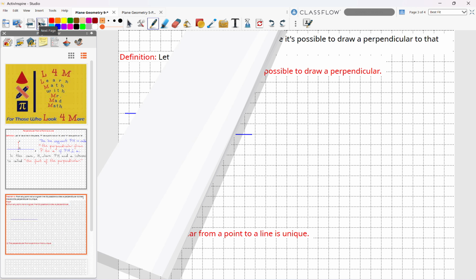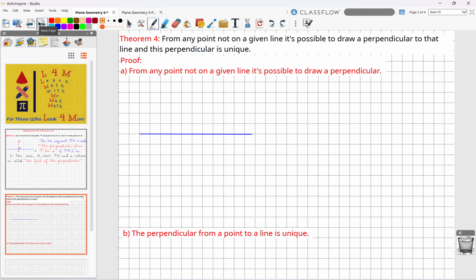Let's see our theorem about perpendicular from a point to a line. Okay, this is theorem number 4. I will enumerate all our theorems throughout all our lesson videos in the plane geometry series. This is the 4th theorem of the series in our 9th lesson video.